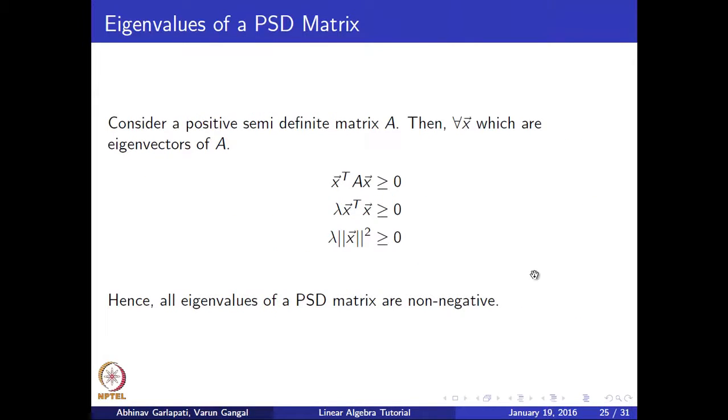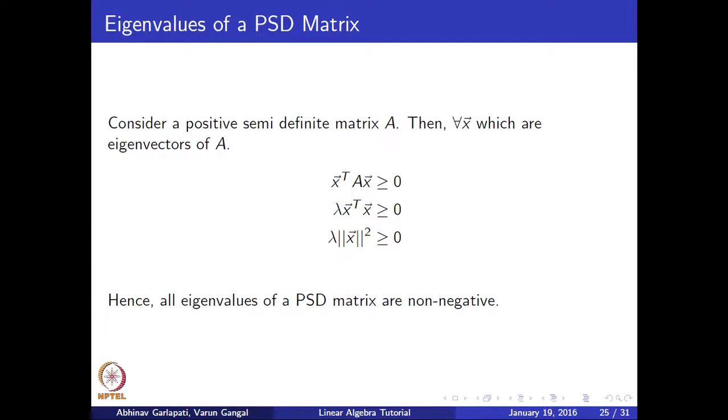If we know that a matrix is positive semi-definite or PSD, then what can we say about its eigenvalues? Since the quadratic form of a PSD matrix is non-negative for any vector x, this should hold for the eigenvectors too.